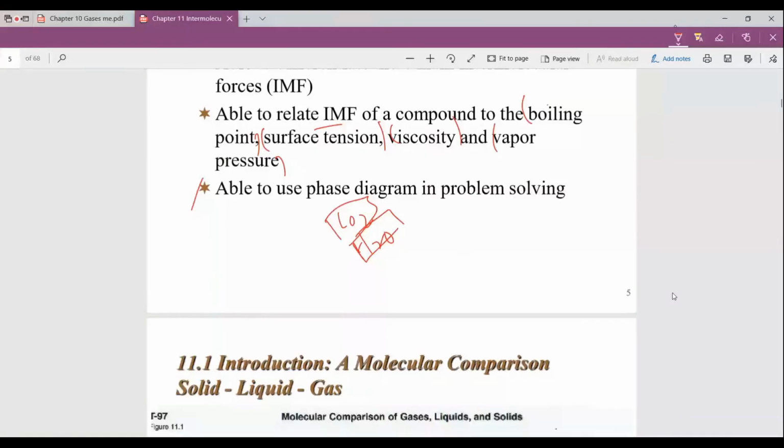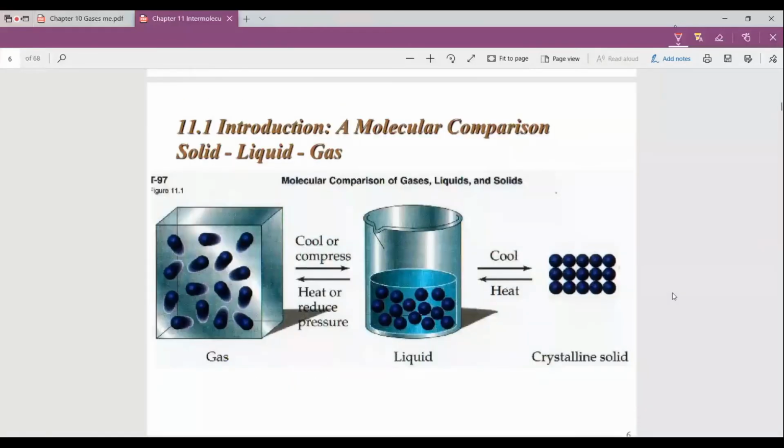Okay, first, molecular comparisons. From chapter 1, we learned gas, liquid, and solid. The conversion of state of matter from gas to liquid is what we call cooling or compressing, which undergoes the condensation process. And then from liquid to solid is a freezing process, meaning that we cool the liquid water.